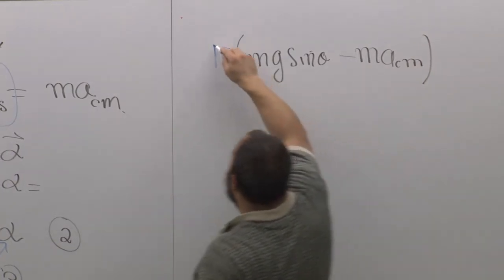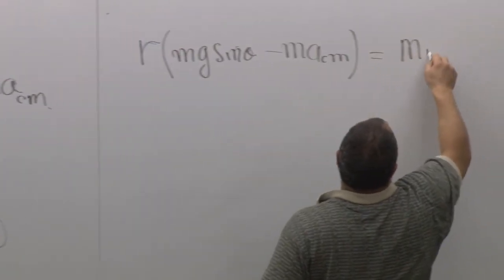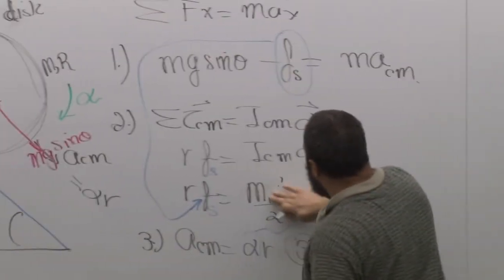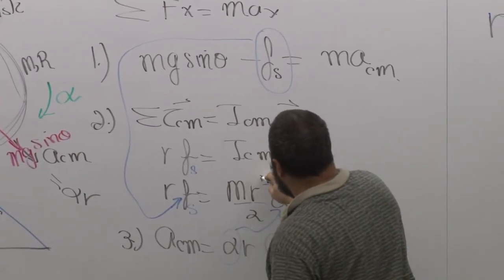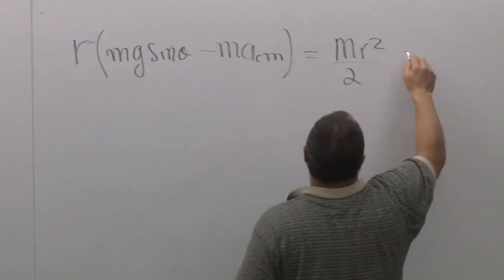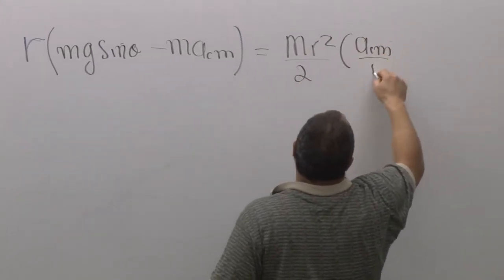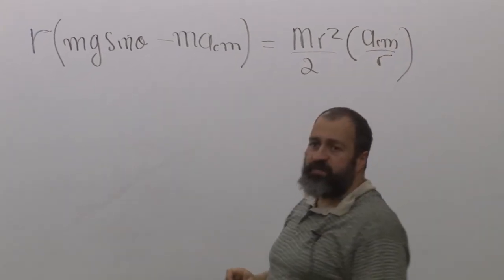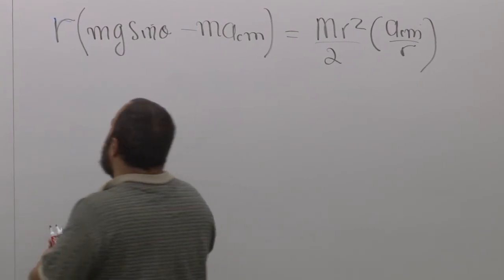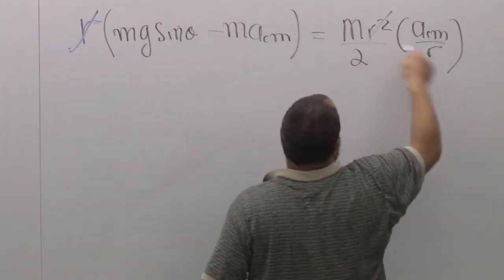That is R F, equals M R squared over 2 times alpha, where alpha is ACM over R. Please pay attention now. The R should all be the same, since we're dealing with the same radius. I will cancel R, divide by R here and divide by R there. The R's are gone.